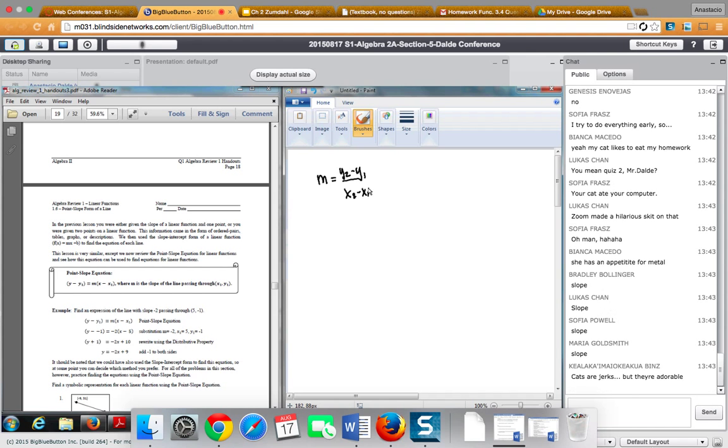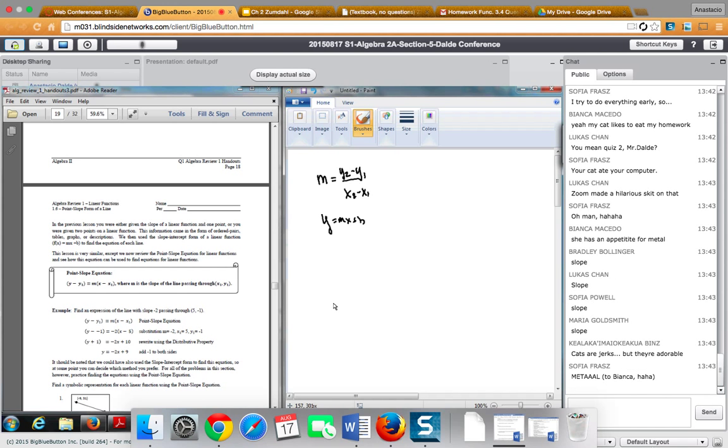And then I told you, okay, now there's another formula, the y equals mx plus b. Today we're going to introduce you to a different formula, and this is the point-slope formula. This is called point-slope, and it's where you have y minus y1 equals m times x minus x1.